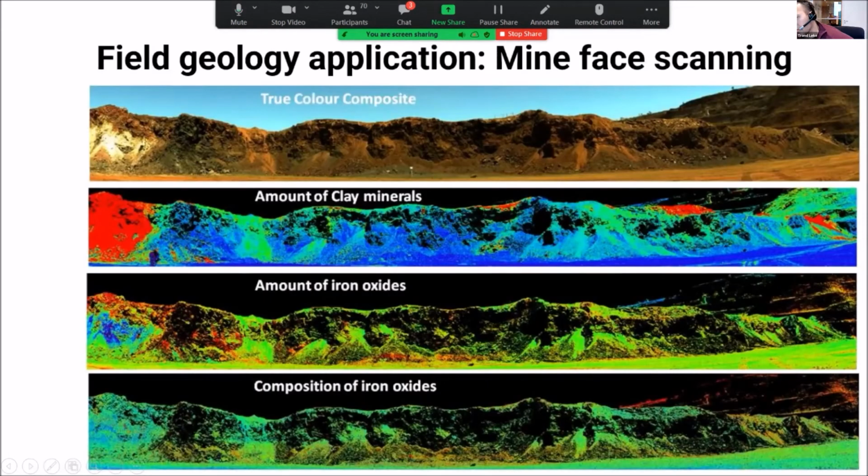In Australia, we're doing mineral classification of different kinds of minerals. This is from CSIRO, from a tripod, and here it's combined with a terrestrial LiDAR. I think this is from 2008, if I remember correctly. So some old images.